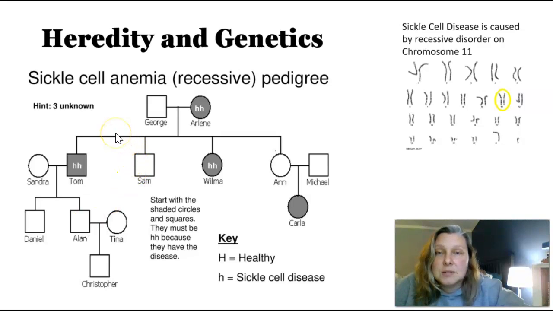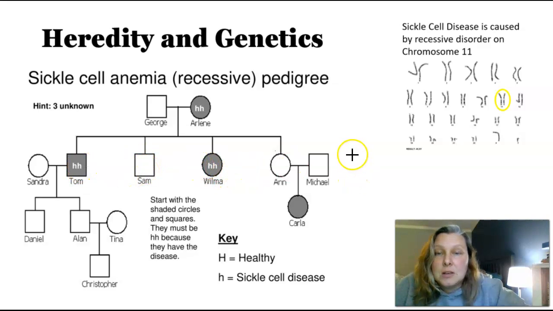When you used to do Punnett squares back in 7th grade, this is one of those times that you would use it for. So let's look at George and Arlene and see if we can make sure that what we see represented here is correct.